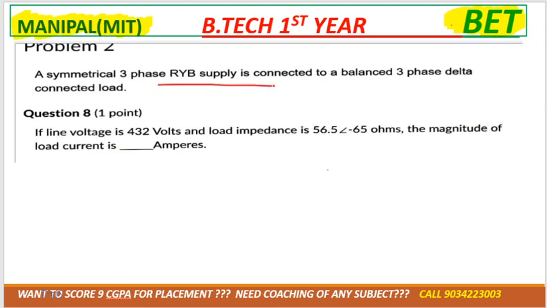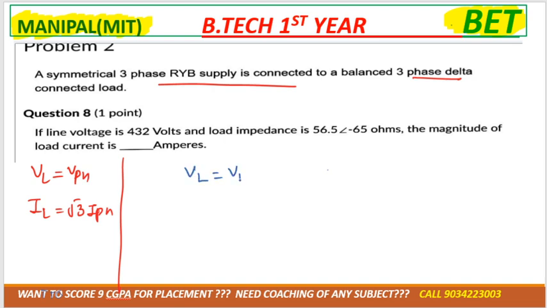So see, it's a case of balanced delta. In delta, VL is equal to VPH and IL is equal to root 3 IPH. So VL is equal to VPH, which is 432 volt, and ZPH is how much? 56.5 angle minus 65 degree.